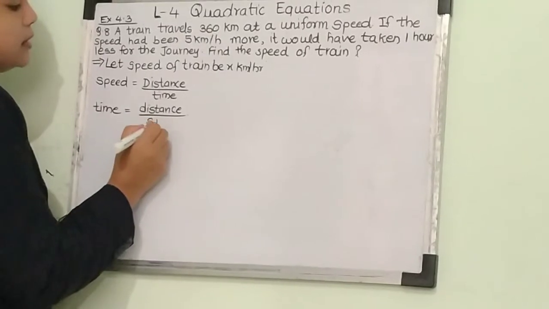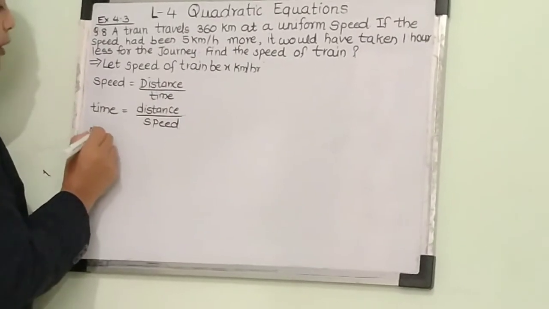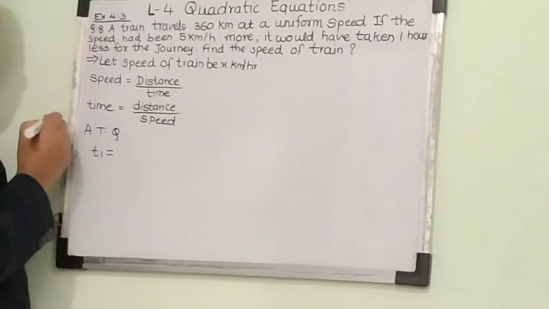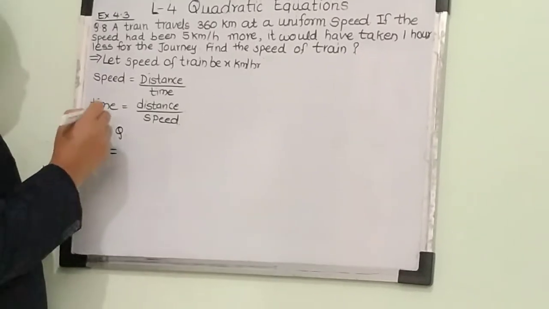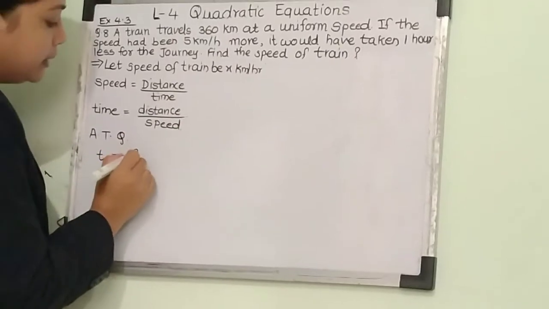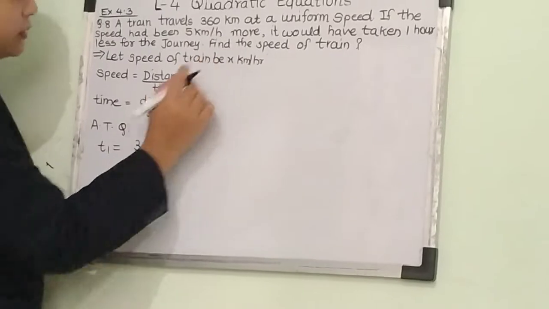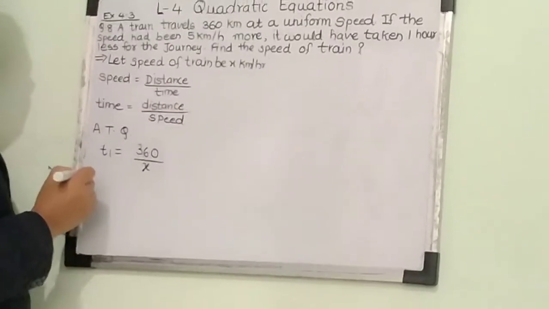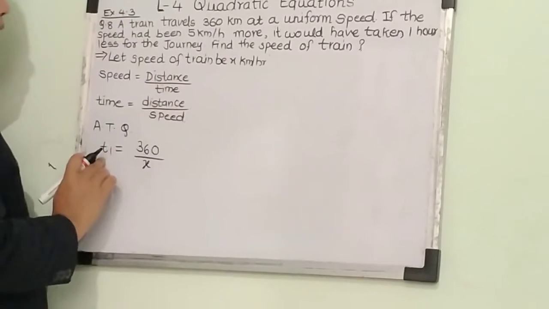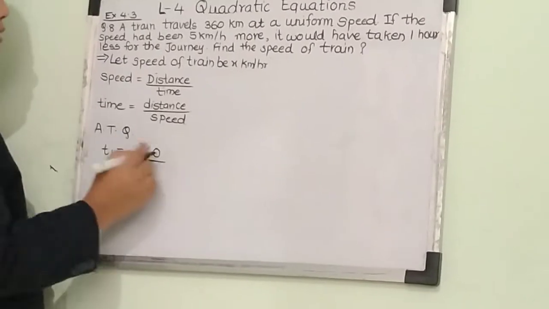Now according to the question, for the first time, t1, the distance covered is 360 km and the speed is x. So according to the first condition, we get t1 equals 360 upon x.